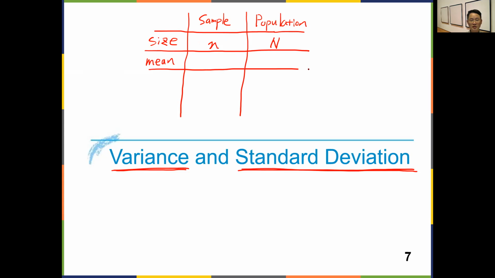Do you remember the sample mean symbol? It was x with a bar on top, and we read this as x bar. Population mean is mu, which looks like a u with a long left leg. Now, next one is standard deviation.